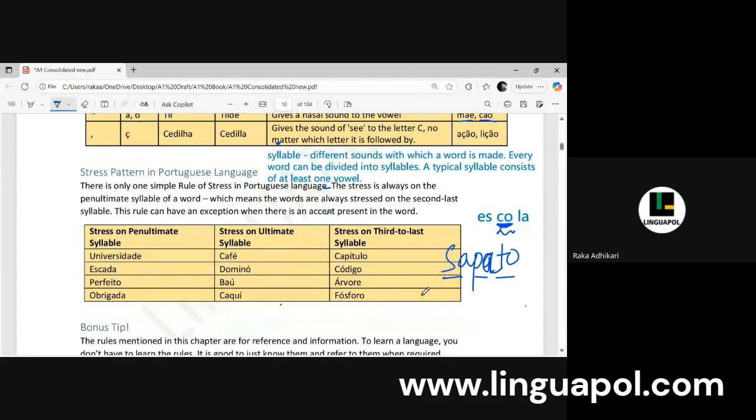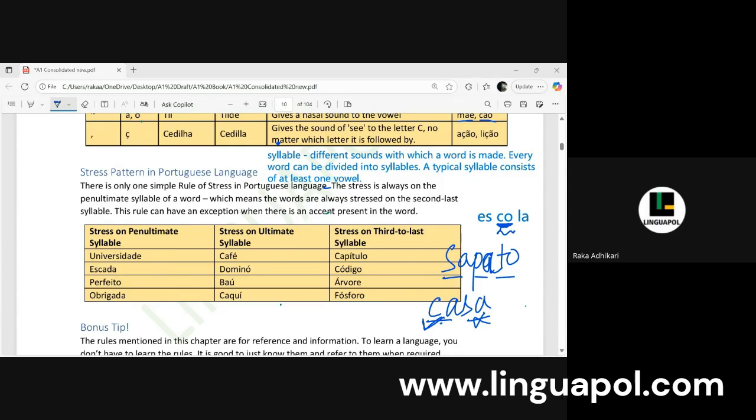If I have a word with only two sounds, like this one, ka and za, where will I put the stress? On ka, the first one. The stress will never be on the last one. It is always the second last. Here we have only two sounds, so the second last is this one, ka.